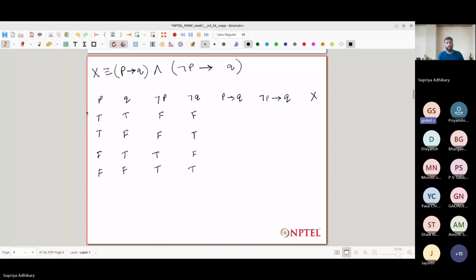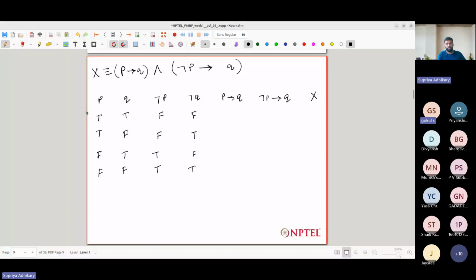Now P implies Q over here. As you can see, if P is true and Q is false, then P implies Q should also be false. Because if P is true, P is the sufficient condition for Q. So if P happens, then Q, or if P is true, then Q should also be true. But this is not the case over here. Oh, sorry. This is indeed the case over here, since P is true and Q is also true.